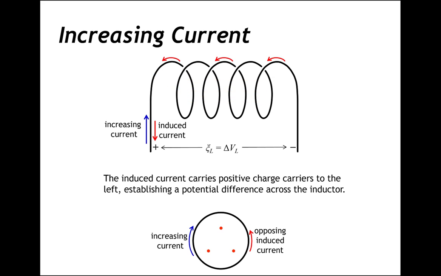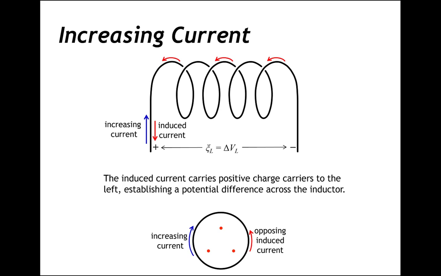Now, the induced current will carry positive charge carriers to the left. And now that we have a separation of charge, this establishes a potential difference across the inductor. So notice this potential difference. This potential difference is going from the high potential on the left side to the low potential on the right side.